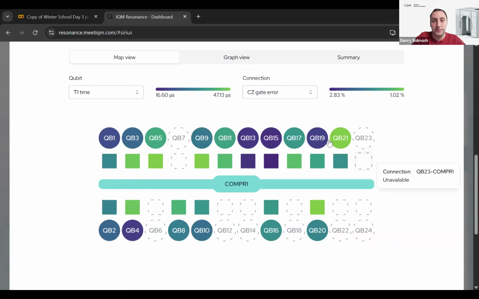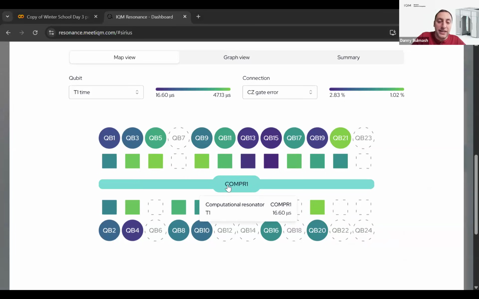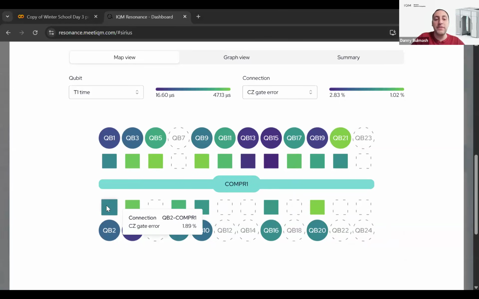You can check yourself. Routing-wise on Sirius, you can think of all of the qubits as being connected to all of the qubits. The reason is that all of the qubits are connected to this central resonator. So this is a very different topology than you get for the other two machines, Emerald and Garnet.